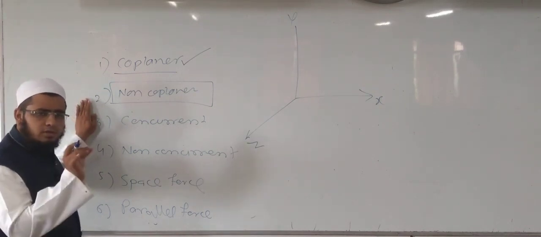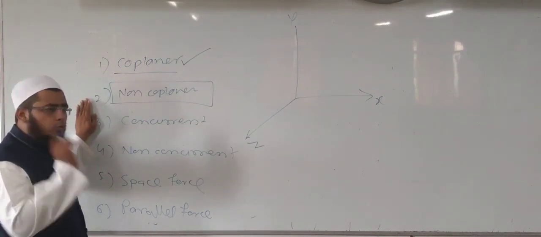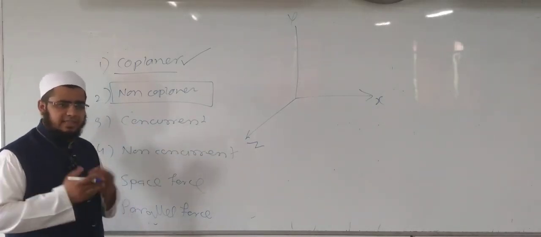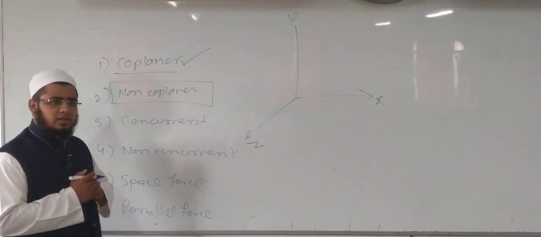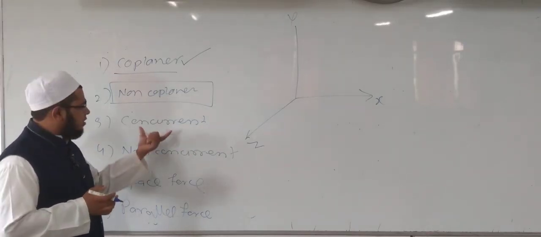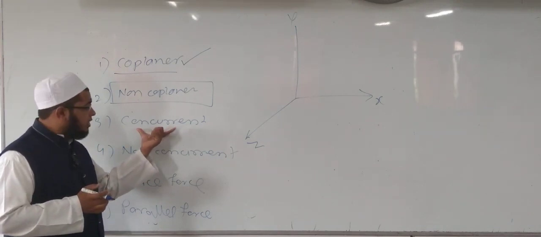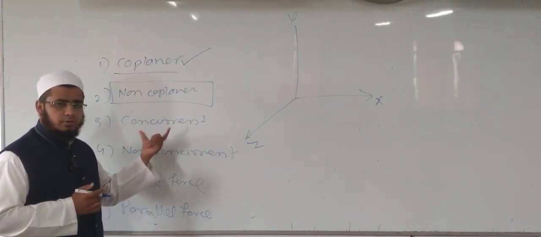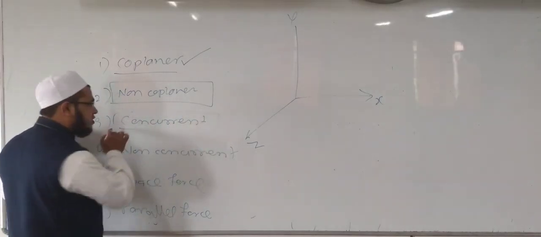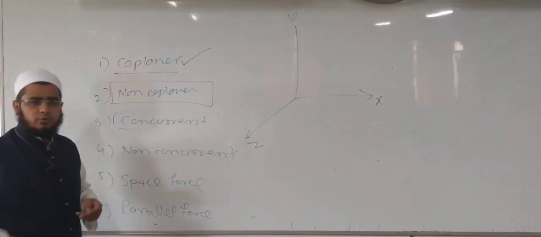The force which is acting on the object produces the effect. When the point of application of force is not a force, because whenever we are studying a system, it means more than one force.